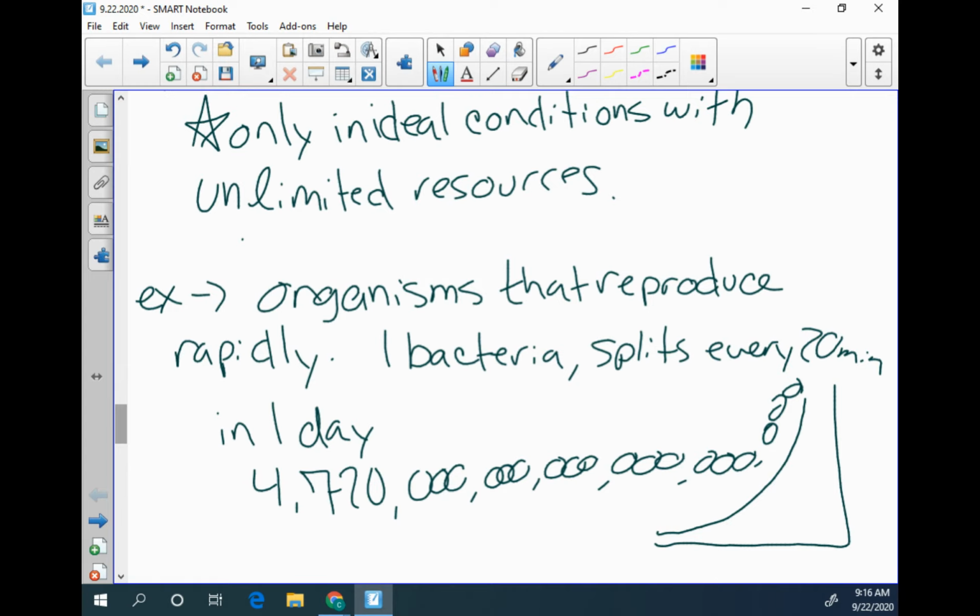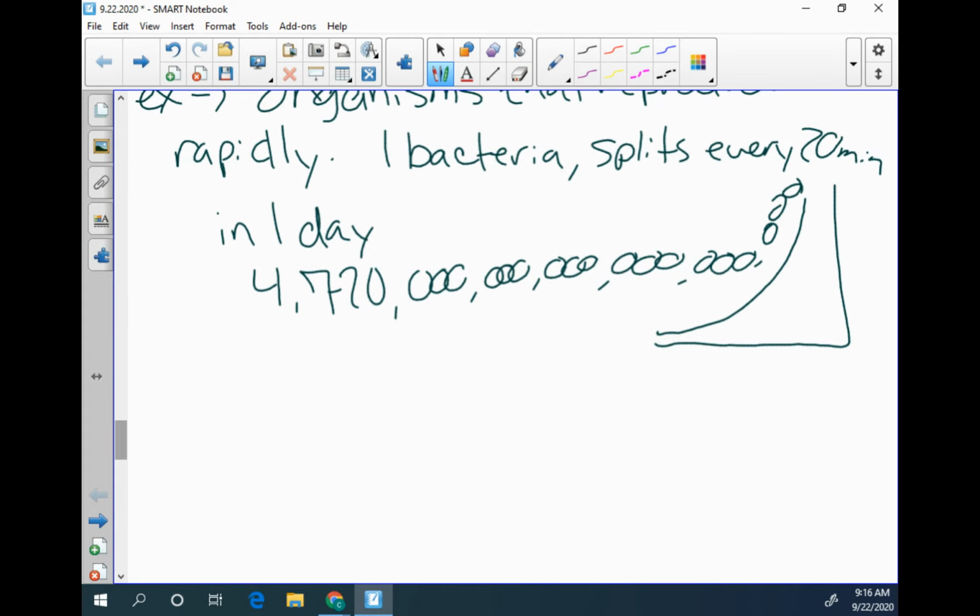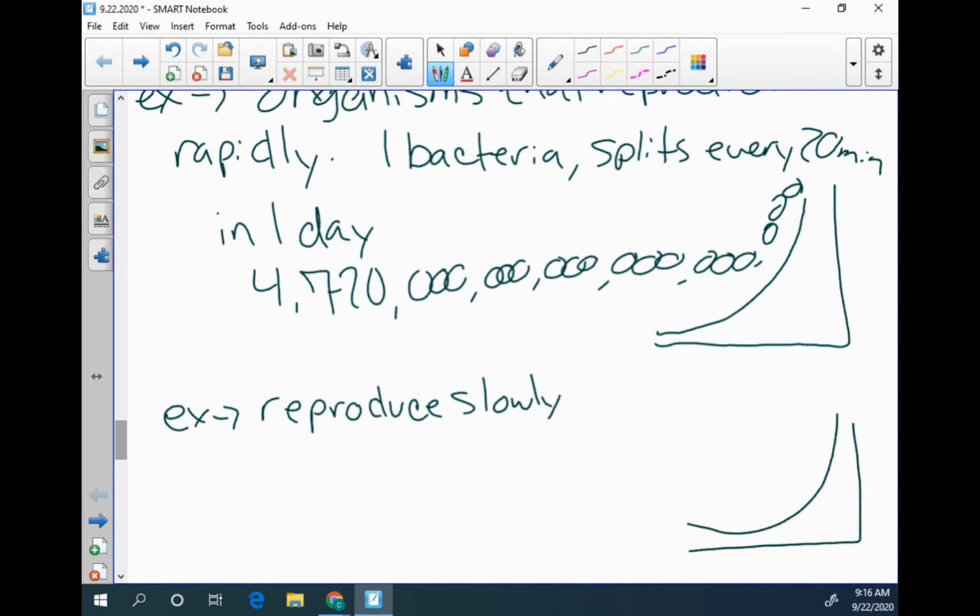But exponential growth isn't only in organisms that reproduce rapidly. In organisms that reproduce slowly, they can still get that exponential growth pattern. It just happens over longer periods of time.